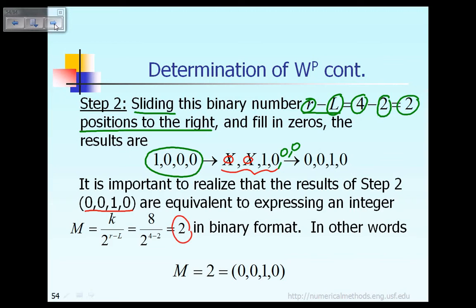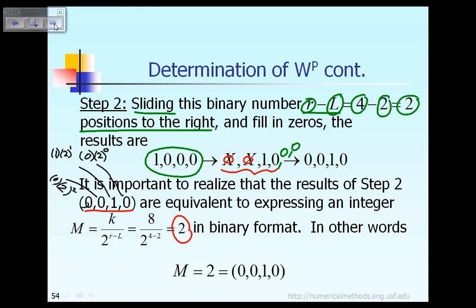Why? Well, I just explained in the previous slide, this 0 here means 0 times 2 to the power 0. This number 1 here basically means 1 times 2 to the power 1. That 0 here means 0 times 2 to the power 2.